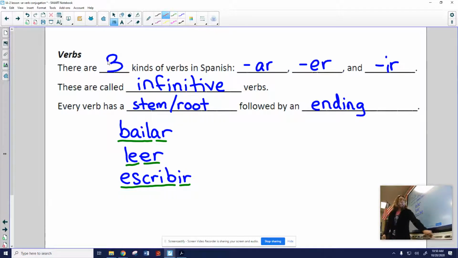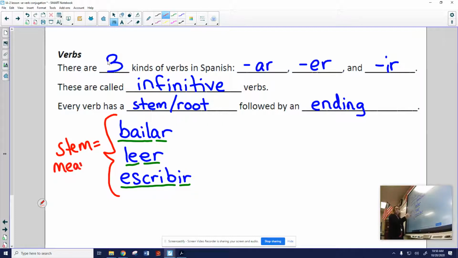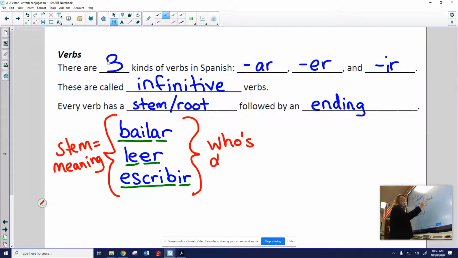So the stem tells you what the verb means, gives you the meaning, and the ending usually tells you who's doing the verb. In this case, these verbs have infinitive endings, and that's like the most basic type of verb, and nobody's doing the action.